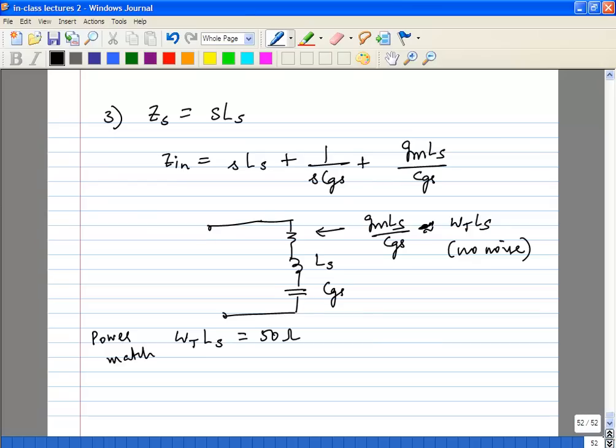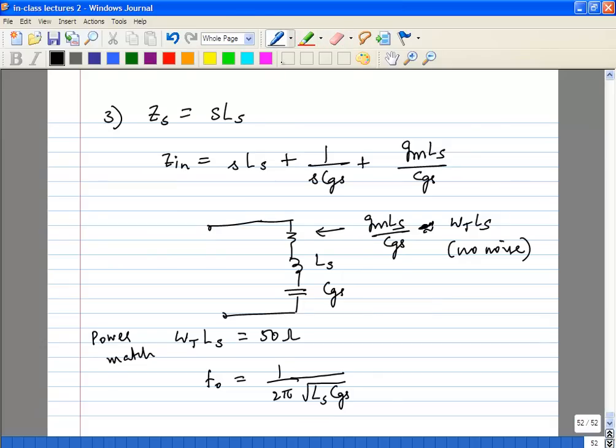You have managed to match to 50 ohms. What else do you need? You also want to get rid of Ls and Cgs. Where do they resonate? At 1 over 2 pi square root of Ls Cgs.